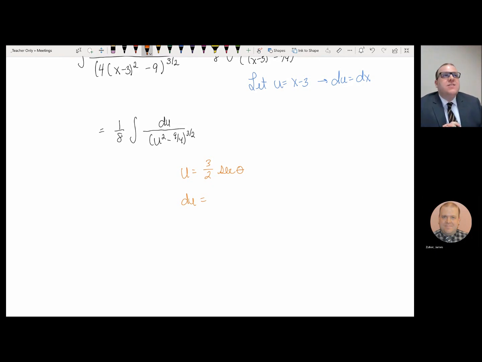Derivative of secant. Secant and tangent.